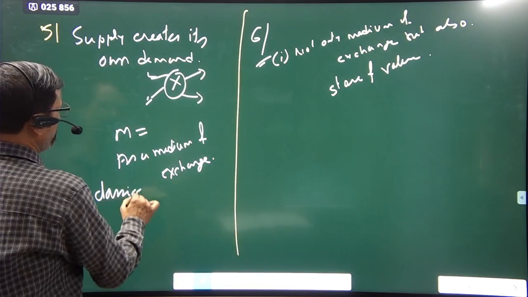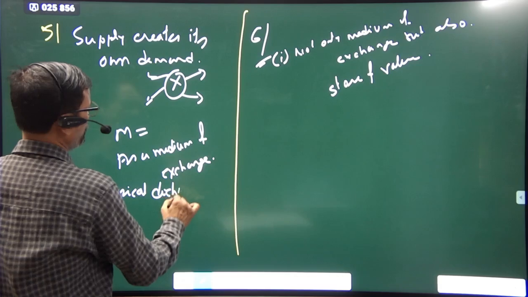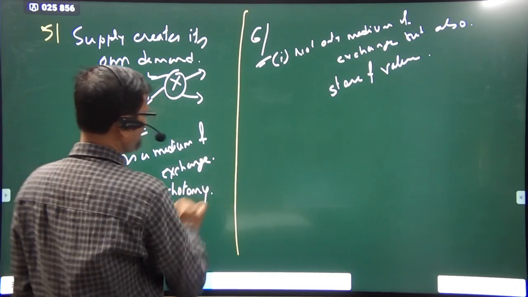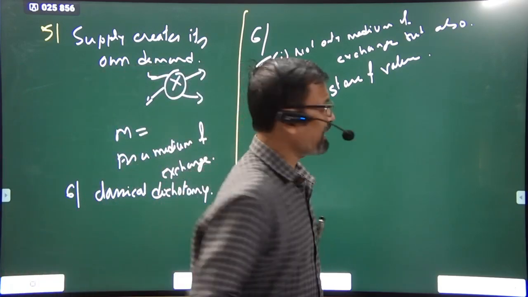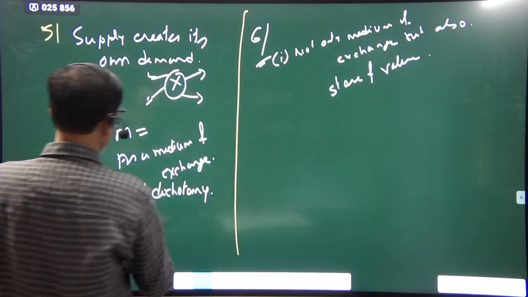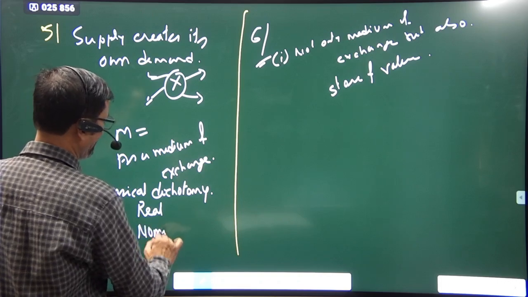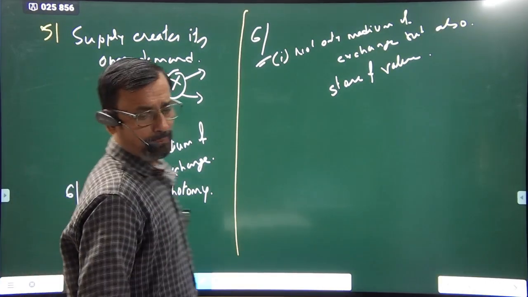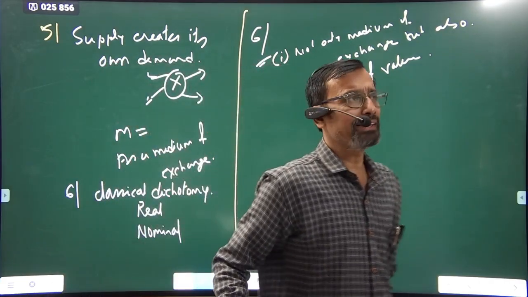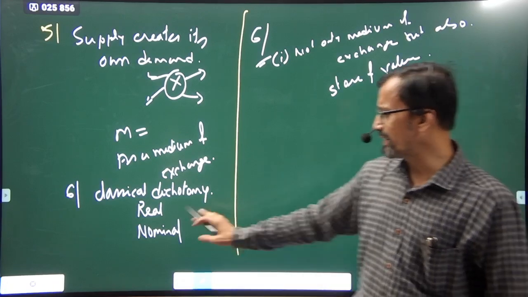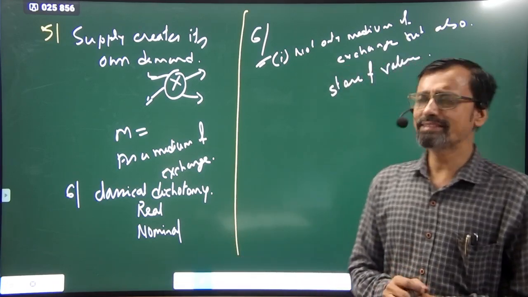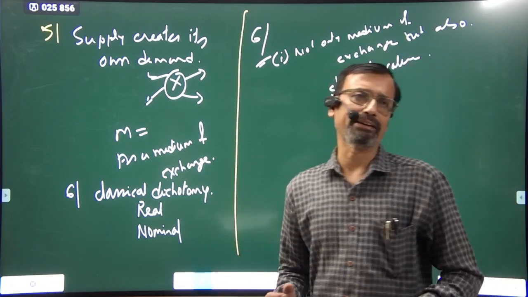Classical dichotomy. What is classical dichotomy? Actually, classical economists talk about two variables. One is real, another is nominal. Now, in order to understand real and nominal, say one worker is paid ₹100.